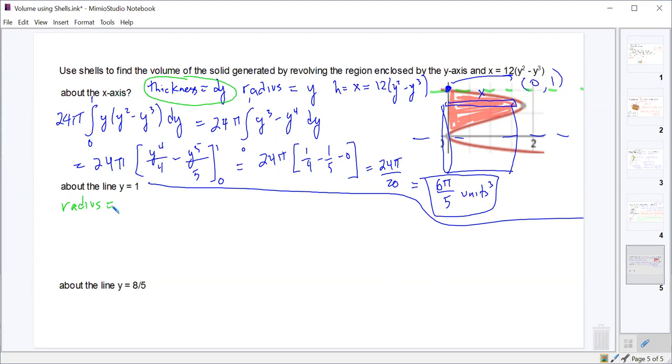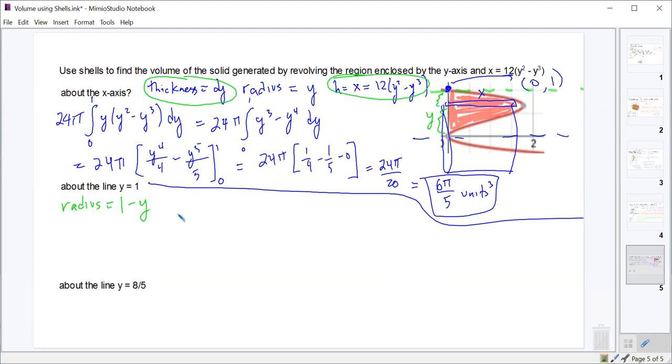Yes, it should. Instead of just being y, the radius is now this distance, which would be 1 minus whatever y value I've got up. If that's y, the radius should be 1 minus y. What about the height? Does the height change? Nope. Height stays the same.